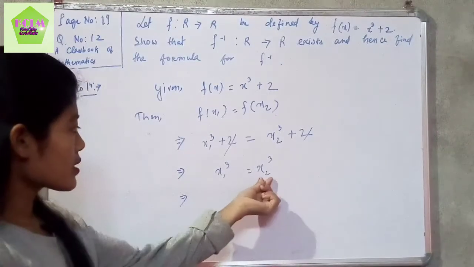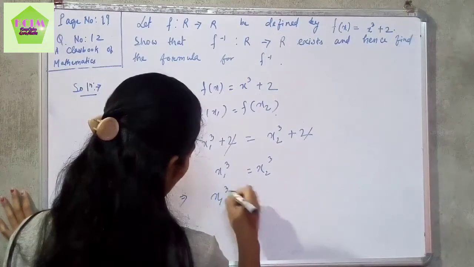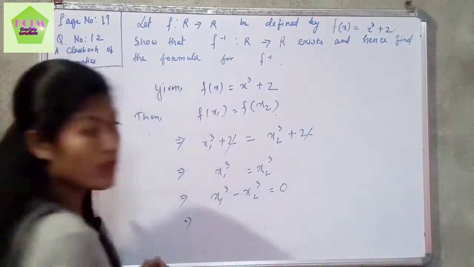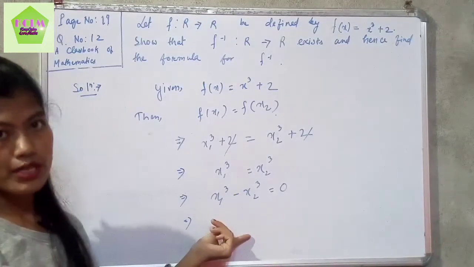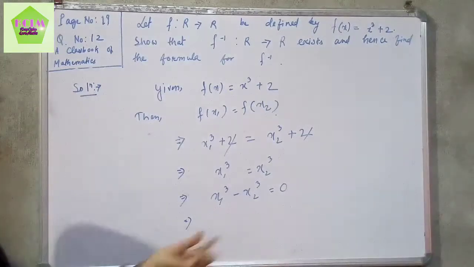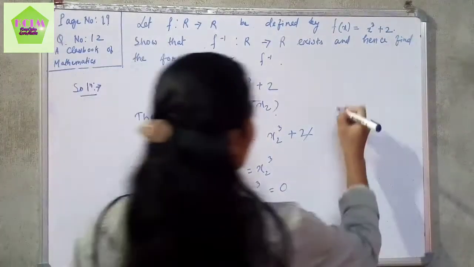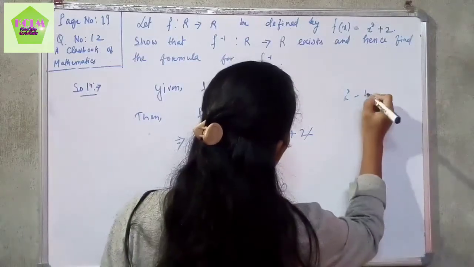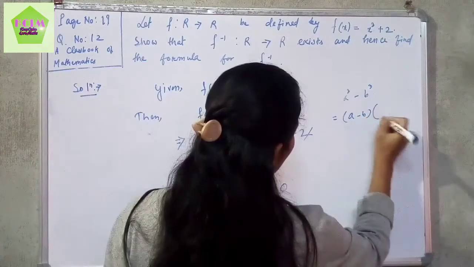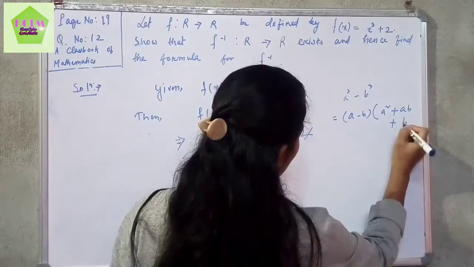Now if we take this to the left hand side, it becomes x1 cube minus x2 cube equals 0. Now this is in the form of a cube minus b cube, and everybody knows that a cube minus b cube equals a minus b into a square plus ab plus b square.